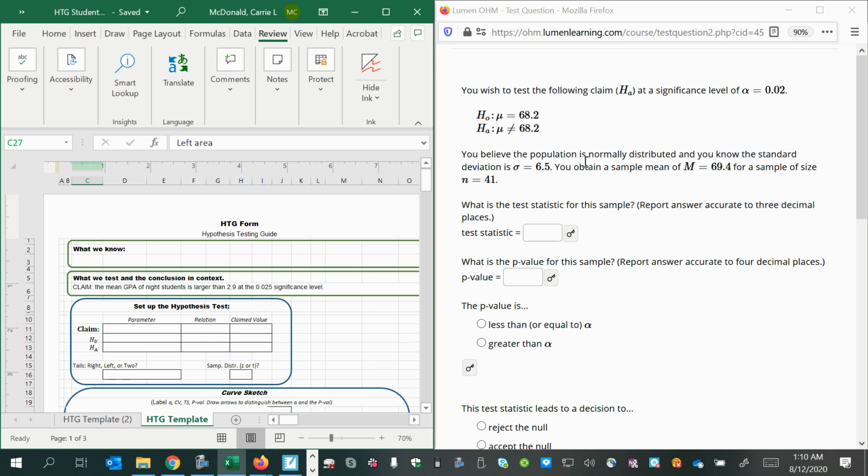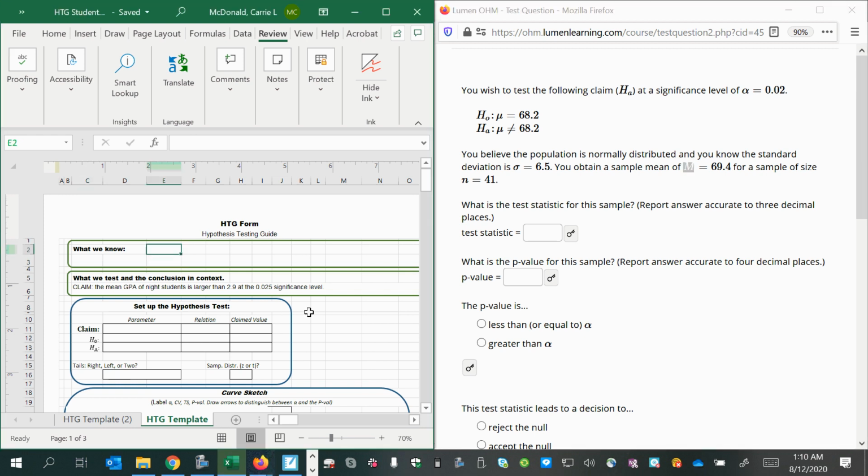And we believe the population is normally distributed, and you know the standard deviation from the population is 6.5. You obtain a sample mean M of 69, that could be written as X bar, for a sample of size n equals 41. So now let's go ahead and organize that information.